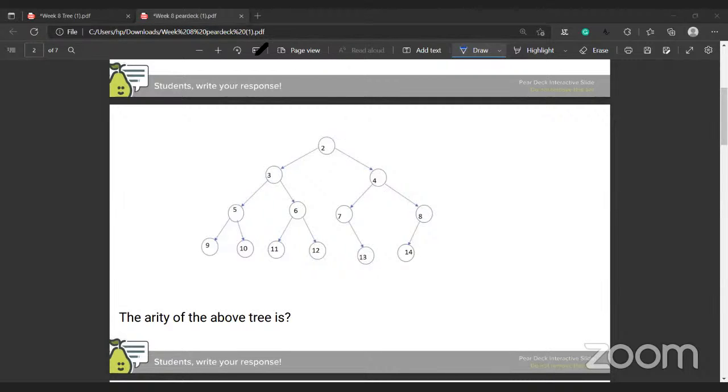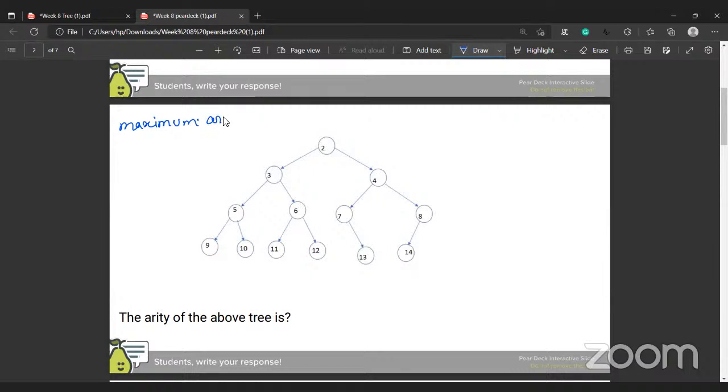Yes. The definition of arity is the number of children of a node. And here it is asking for the tree, so the maximum children of a node. So the arity of the tree is the maximum arity of a node.